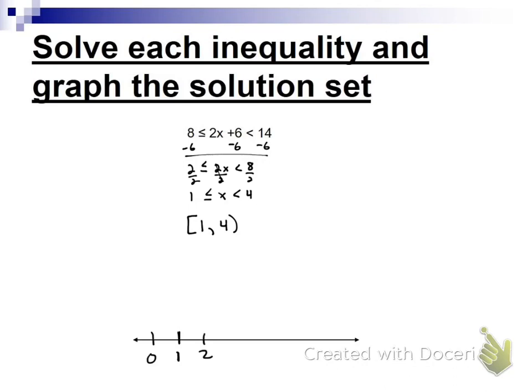To the right of 1 is 2, 3, 4, 5. Here's 4. Parenthesis. Here's 1. Bracket. Everything in between. Are we good on the bracket being inclusive because it's equal to, whereas the 4 is a parenthesis because it's not equal to?